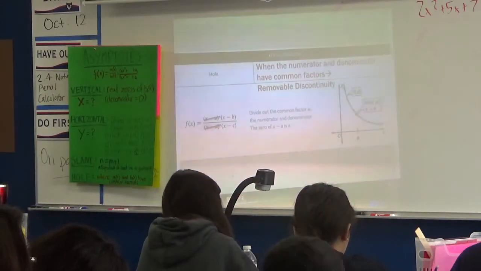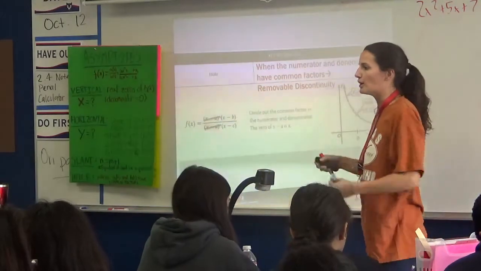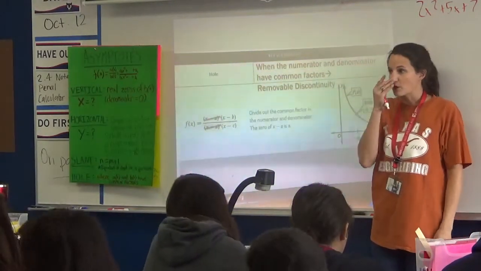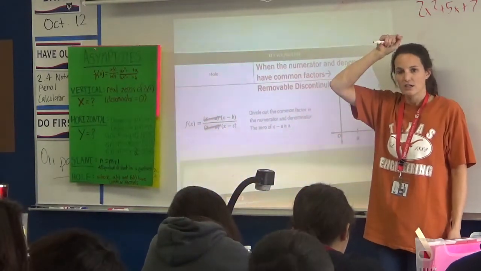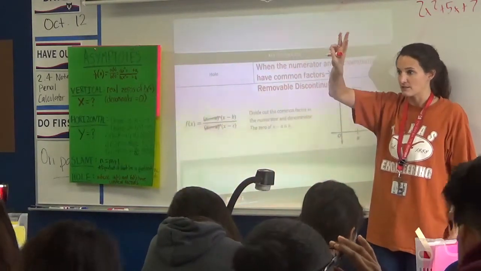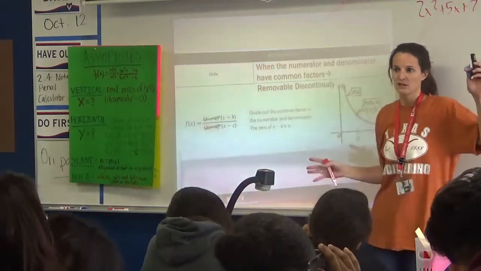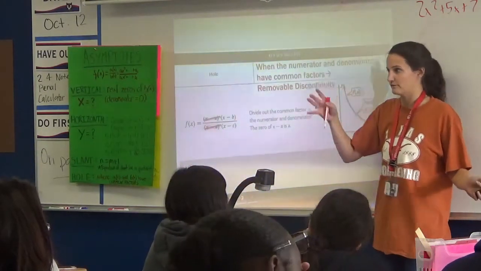Another word for that, which we learned in Unit 1, is a removable discontinuity, if it had one little spot missing. If not, go back and look at your 3 types of discontinuity. Hole is removable, so those are synonyms. If I ask for any removable discontinuities, I'm asking for any holes in your problem.